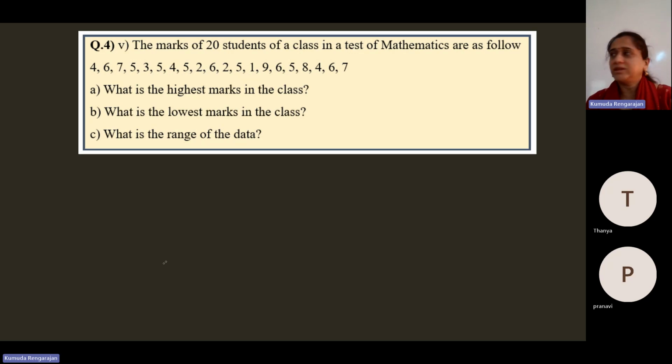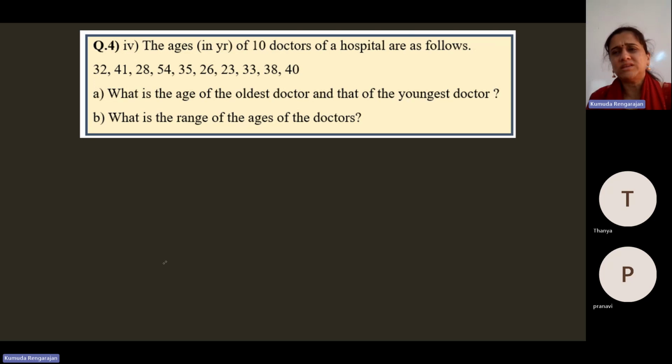But what we need to understand is when the number of observations increase, like when they're large in number, like you have the marks of 30 students, 40 students, 100 students, 500 students, you need to tabulate the data. Mostly, for your standard, I can say if you have 10 numbers or less than 10 numbers, you can answer the questions as it is.